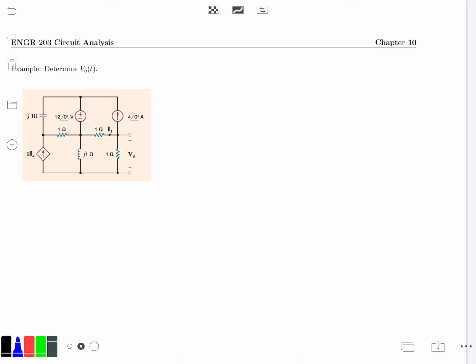Now with that said, we have to decide between all of our different methods what would be the best to solve it. First off, source transformation doesn't look super helpful right here. We don't really have any sources in good positions, and if you transform them, it becomes even in better positions. So we probably won't do that.